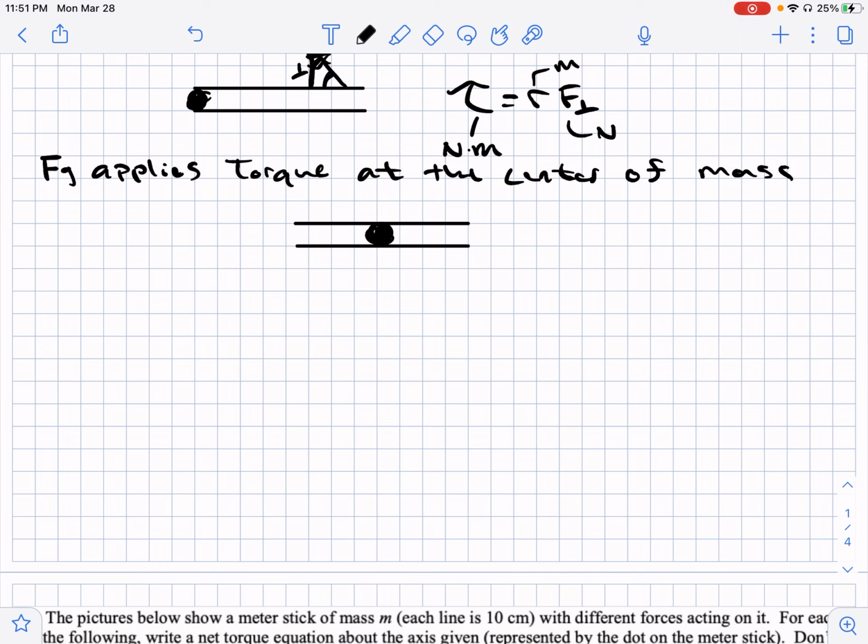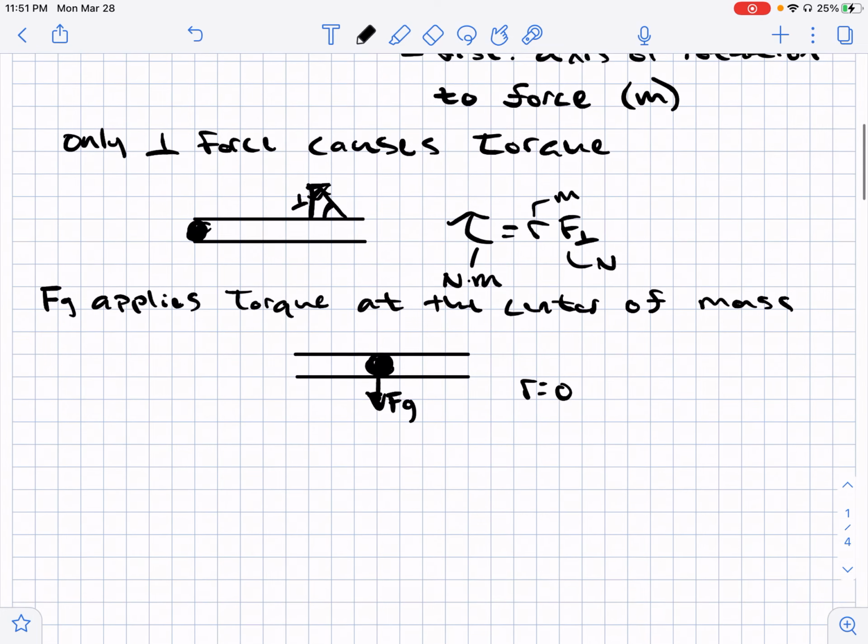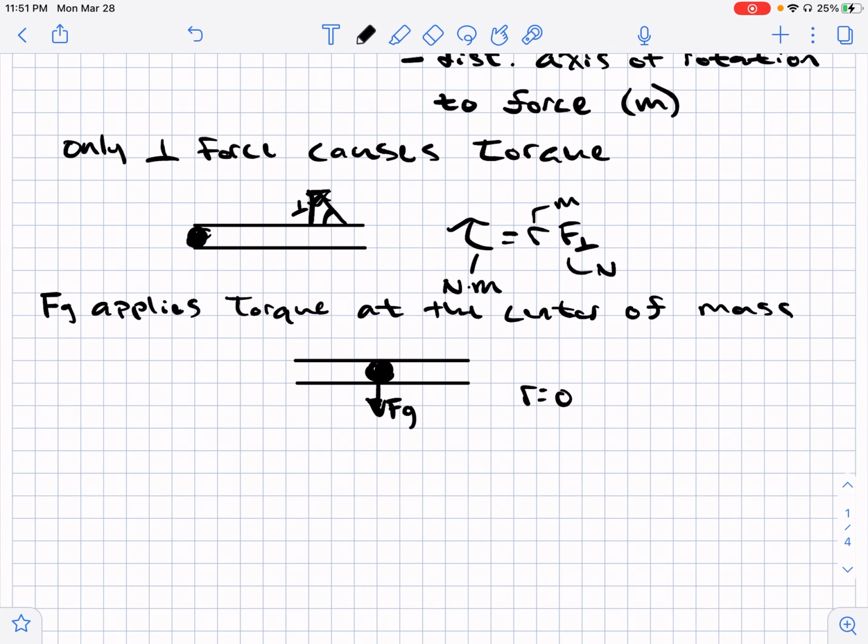Fg is always at the center of mass, so I would draw Fg there. In this case, my moment arm, the distance between the axis of rotation and the force, would equal 0. So there would be no torque caused by the weight of this rod. But in the rod where the axis of rotation was on the left, we would have an Fg going down, and the weight of the rod would cause torque in the clockwise direction.